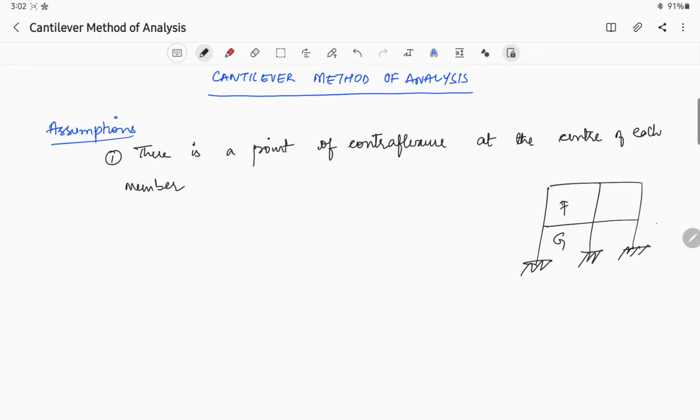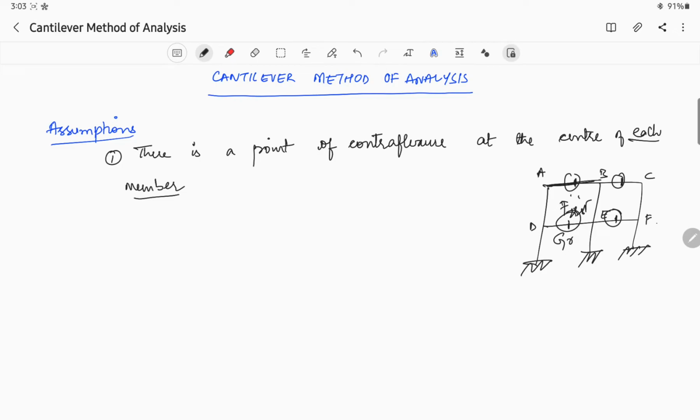We'll have horizontal members; let us take these as A, B, C, D, E, F. In this case, what we consider is that at the center of every member we will have a point of contraflexure.